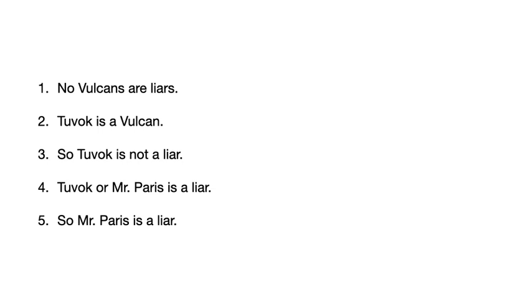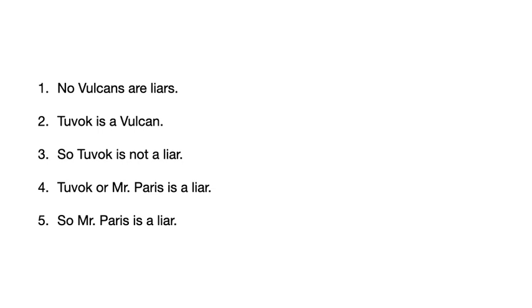Some of this wasn't stated, but it follows from the rest. And now that we have it in this form, is 3 a valid inference from 1 and 2? Yeah, we could draw our Venn diagram. Vulcans and liars don't overlap. If we put Tuvok in the Vulcan circle, he can't go in the liar circle.